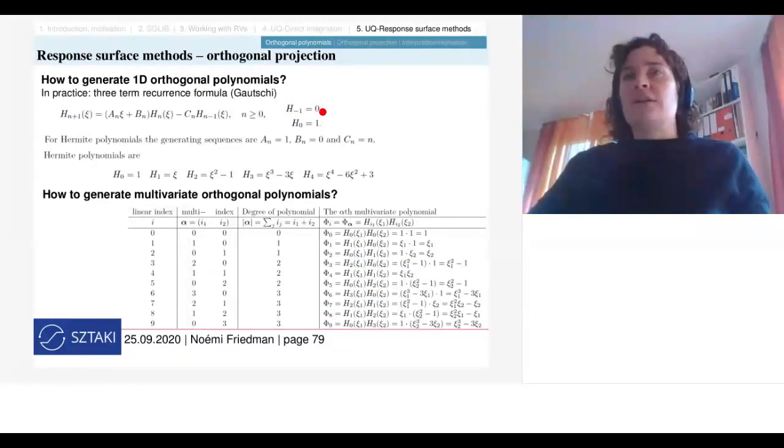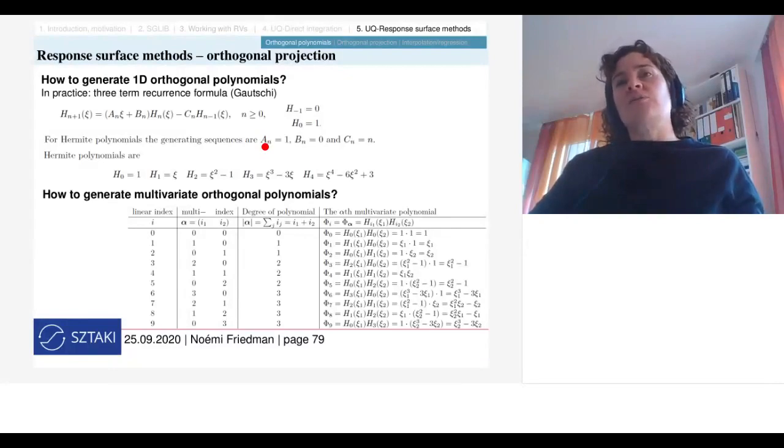If you start with a 0 function and the 1 function, so this is the -1th term and the 0th term, then you can get in a recurrence way the next term h1 from this formula, where the A, B, and C terms are given for any type of probability or weighting function that you have, which is defined by the density function. So now if I have a Gaussian random variable, then I have this exponential weighting function, which is the probability density function of the Gaussian random variable.